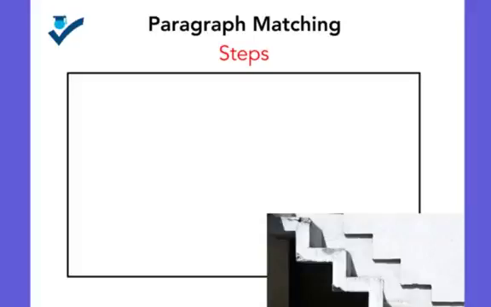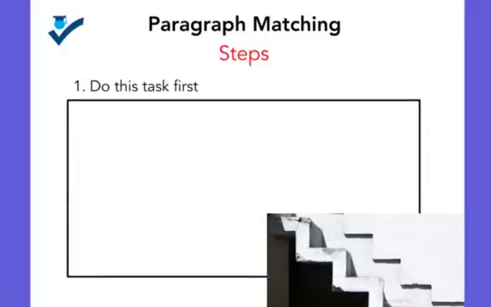Okay, let's move on to what we need to do to strategize. As I've mentioned earlier, if this is a difficult topic for you, do this task first. Get that out of the way before moving on to other types of task. It's just a review of what I've told you before.